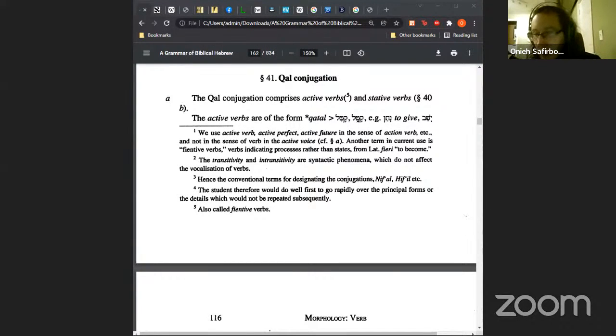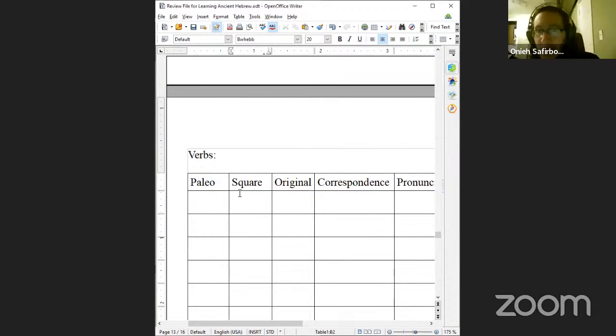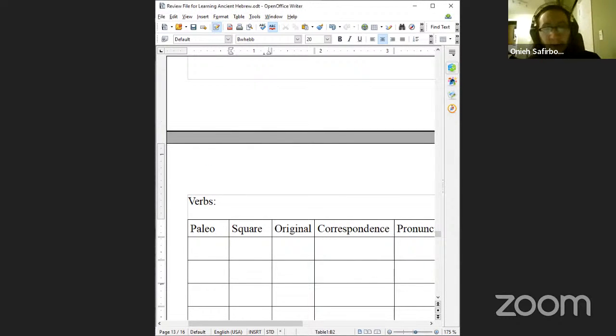All right, maybe I'll share what I'm doing with the document file. So the first word is katal, or katil, sorry.